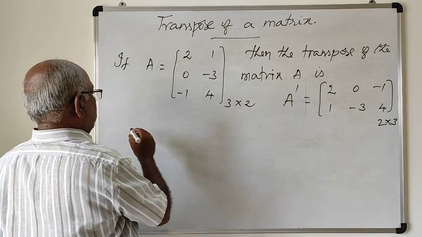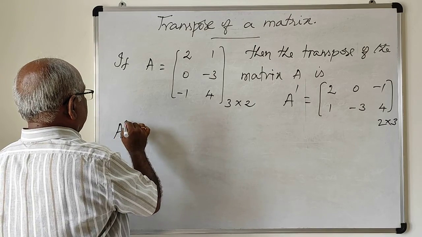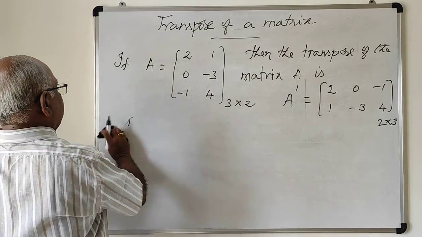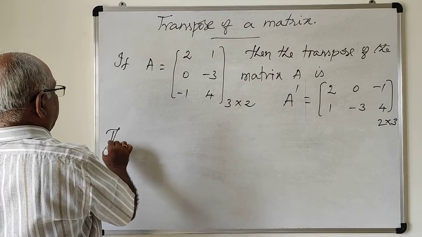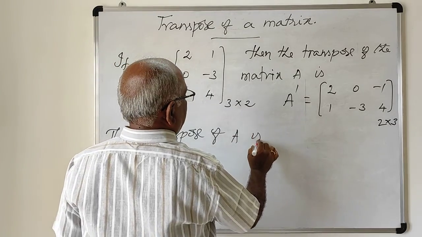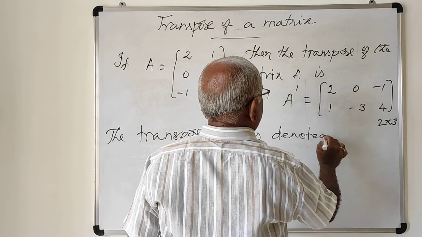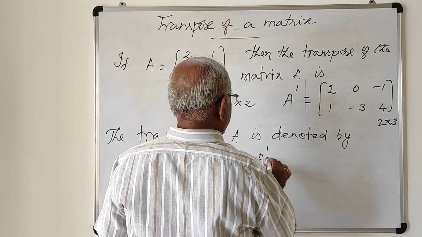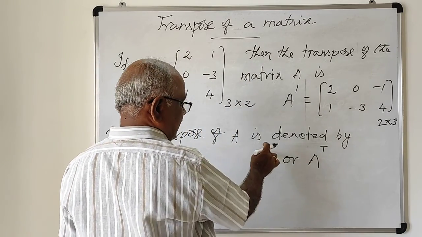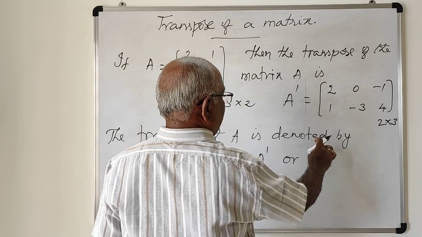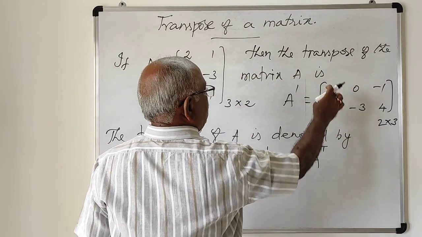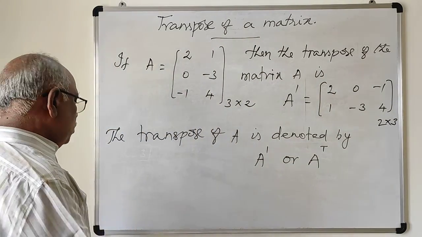The transpose is denoted by A transpose, or also by A dash, or A power T, capital T. So the transpose of A is A dash or A T, which is equal to 2, 0, minus 1, 1, minus 3, 4. One more example.